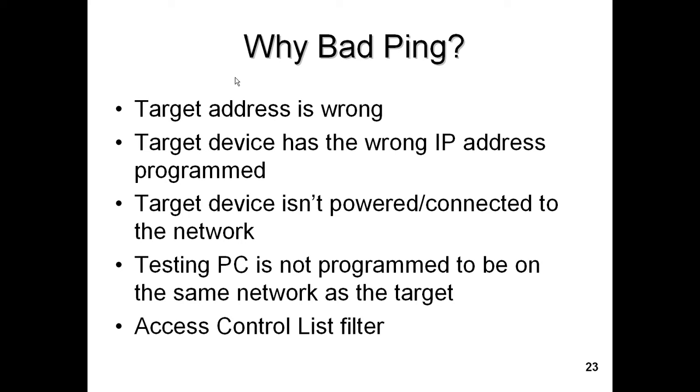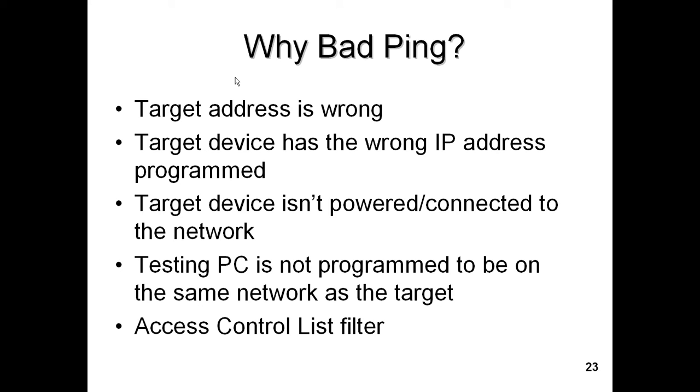So if we do get that kind of response to a ping, why did we get it? Well, it could be that you just fat-fingered the target address. You didn't put the right target address in of the device you're trying to hit. A corollary to that is that you may have programmed the device, let's say it's an IP camera, and you think that you programmed it as 192.168.2.50, but you actually programmed 192.168.2.55.